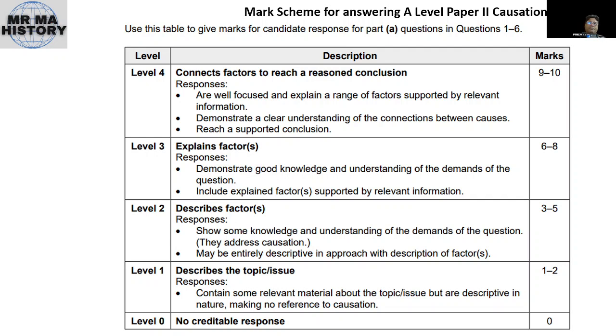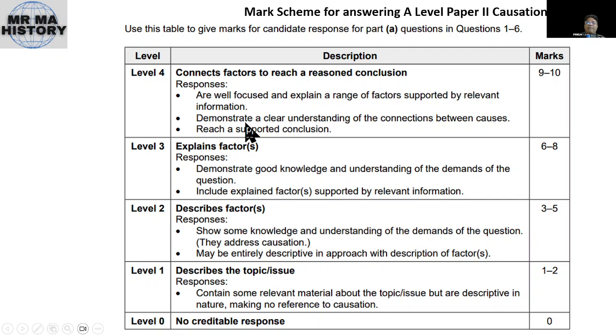The point is, only if a response reaches Level 3 can it get to the top Level 4. In order to get to the top Level 4, the response should fully address the question. It should remain well focused. It should give a number of reasons with relevant supporting details.